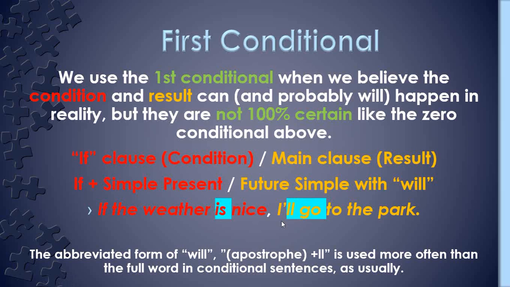Okay, so we are using the future simple with will. And we can see that in first conditional the contractions of the personal pronouns and apostrophe double L are commonly used to sound more casual or more fluent.